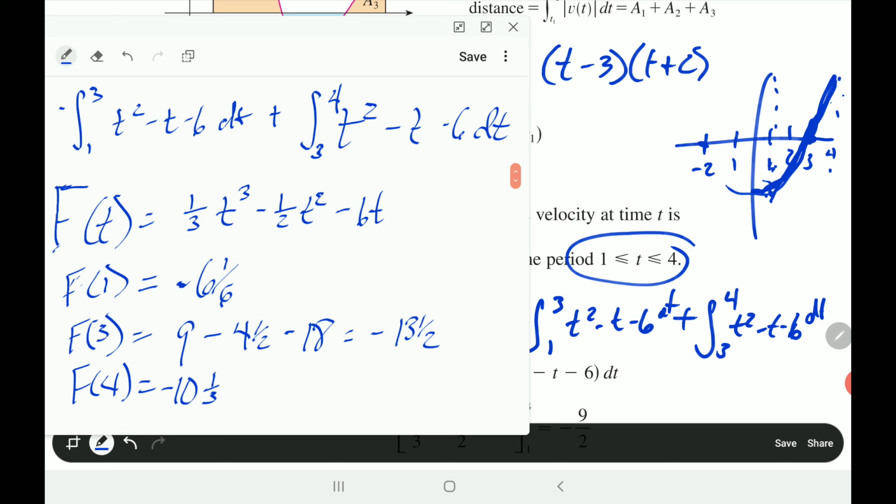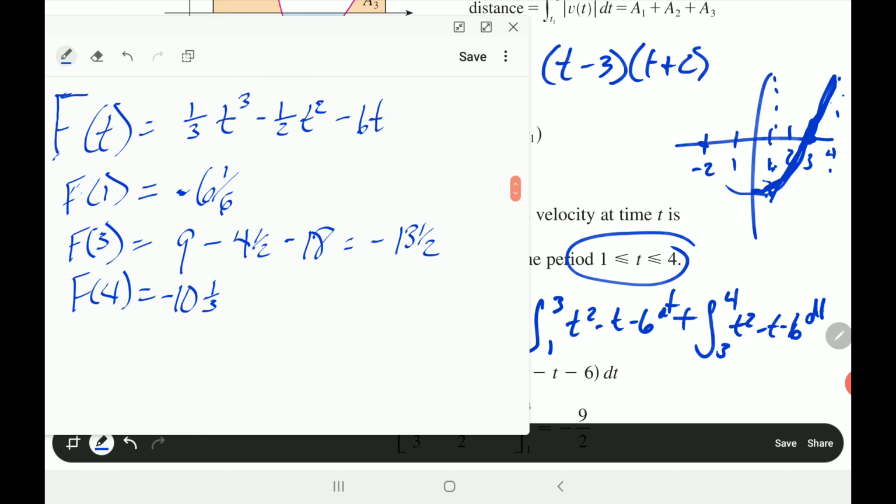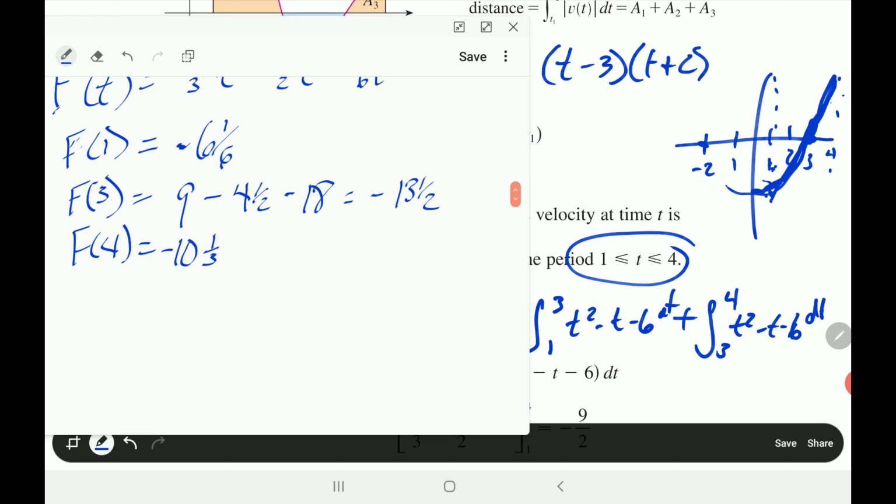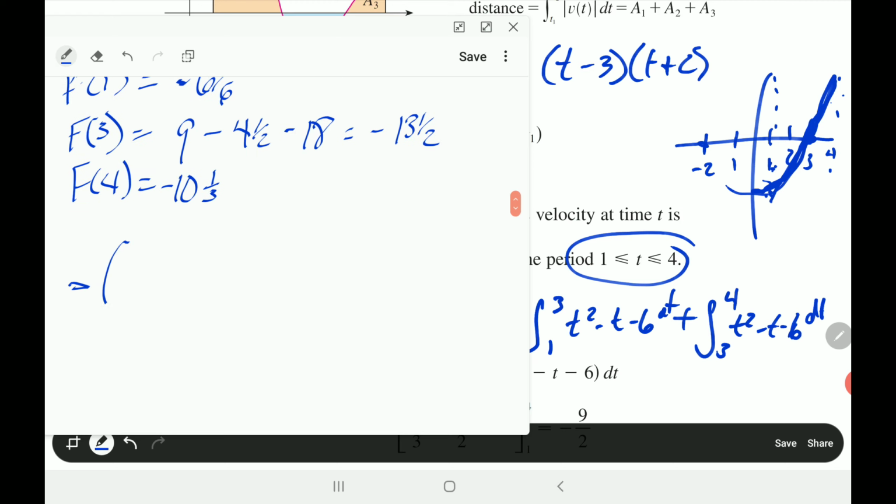Okay. So what we're going to do here, scroll down just a little bit, is this first integral is negative of f of 3 minus f of 1. So negative, parentheses, f of 3 minus f of 1. Plus, and that's not what I want.